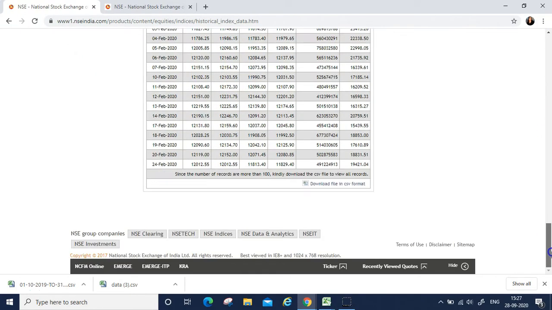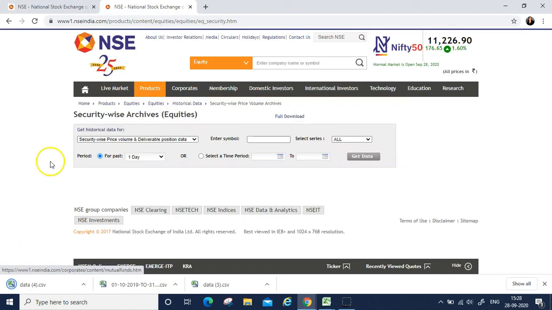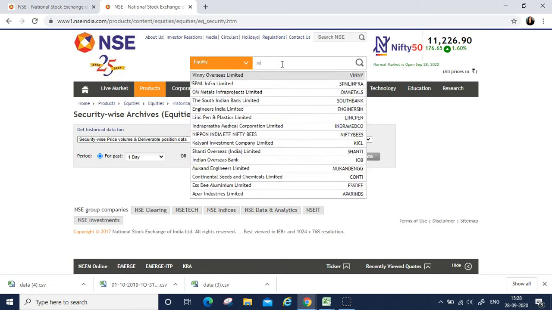Okay, so here I'll click download the data. The second is to download the data for a specific security. Just search for the symbol of the security. Suppose I am taking IndusInd Bank.